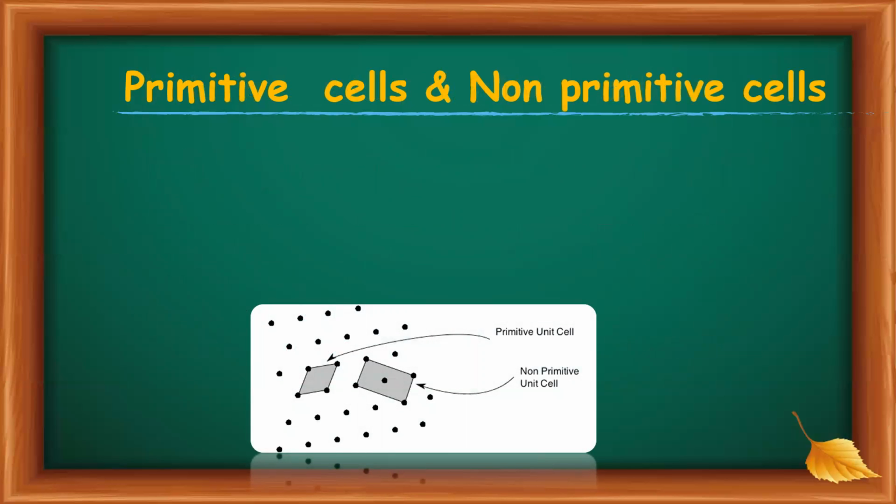And the difference between primitive cells and non-primitive cells. Look at the figure. Here, in this unit cell, the atoms are positioned at the corners only, so it is a primitive unit cell.